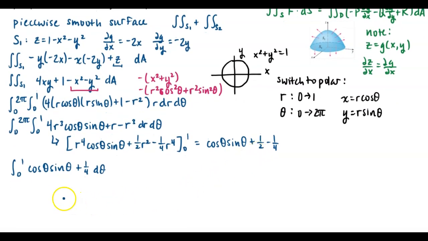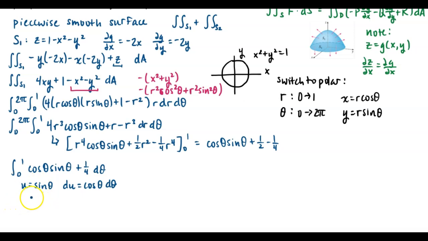Now, I would need to split this up in reality because I have a cosine times a sine of theta, but I really know that this is going to be u substitution. I know this u is going to be equal to sine of theta. I can make it cosine, but then I'd have a negative, and we don't need that. I know my du is going to be cosine theta d theta, and I know this is going to be an integral of u du.